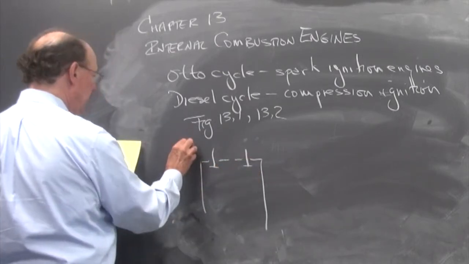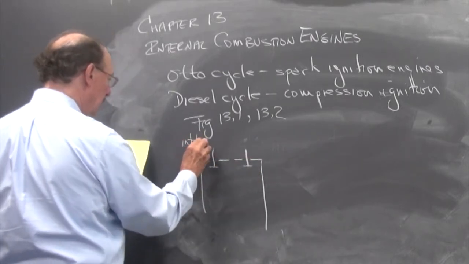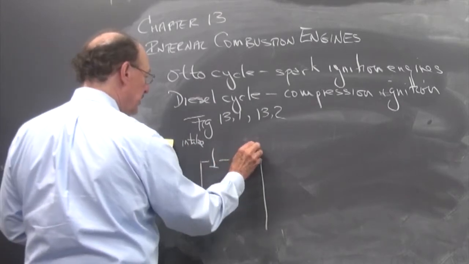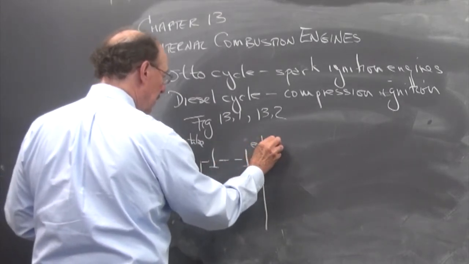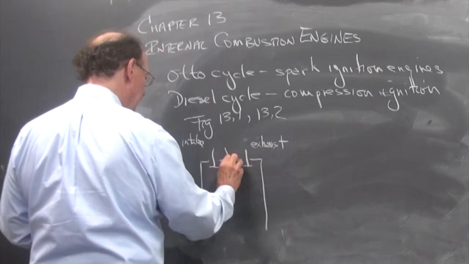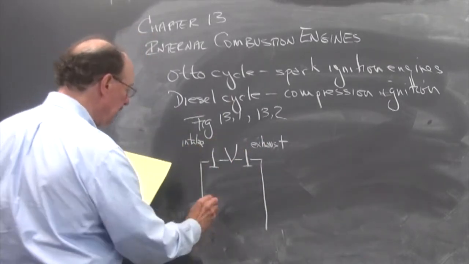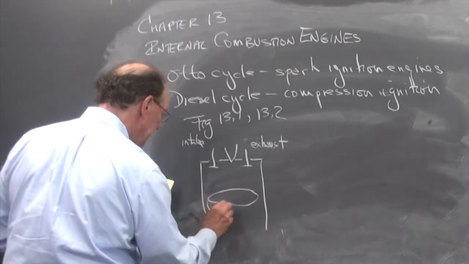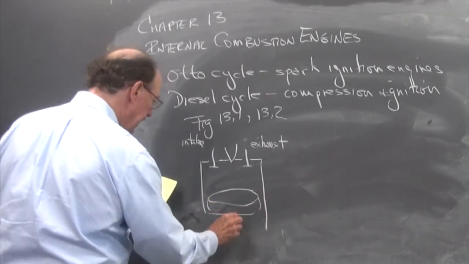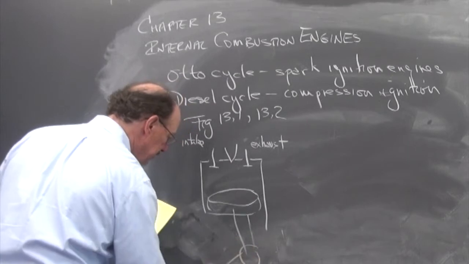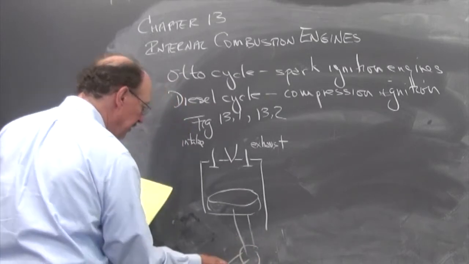So I have an intake valve, exhaust. We're going to have something that is a spark plug or a diesel injector. We'll have the piston here. It will go down and then eventually go down to the crankshaft.